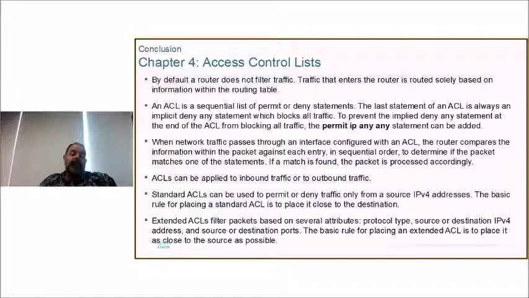You can apply ACL access lists either inbound or outbound on an interface. Got to take it from the perspective of the router. Standard ACLs can be used to permit or deny based on source IPv4 address only. Extended ones, source and destination, addresses and port numbers.